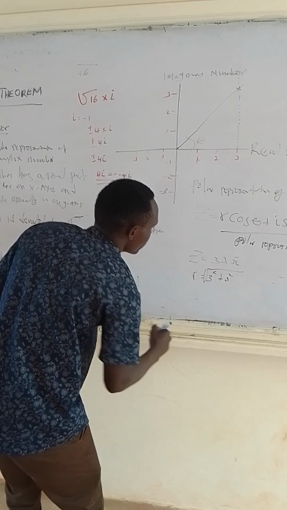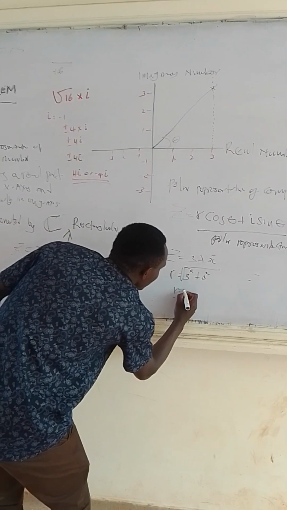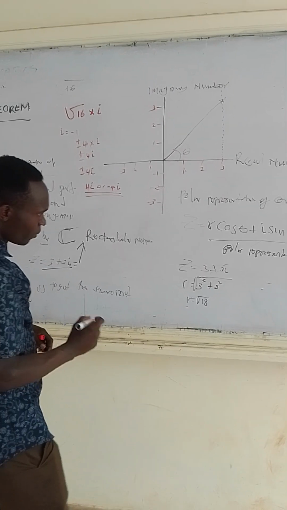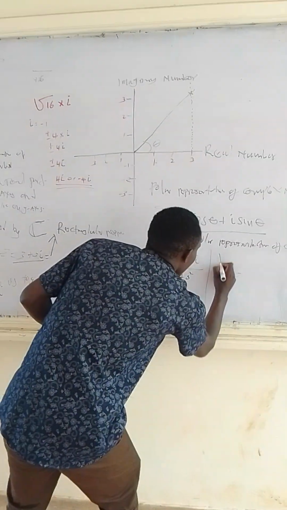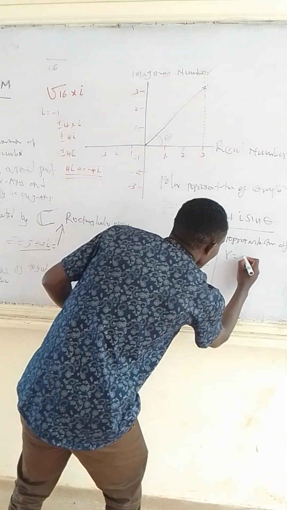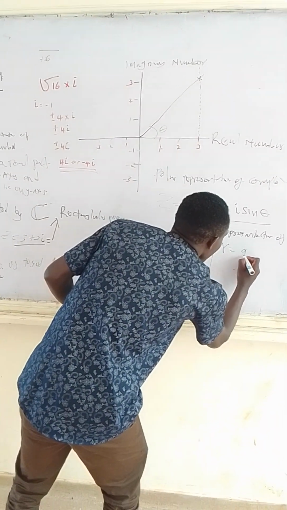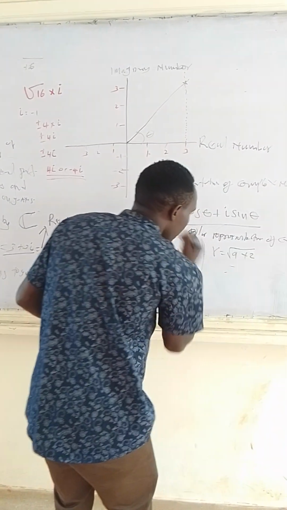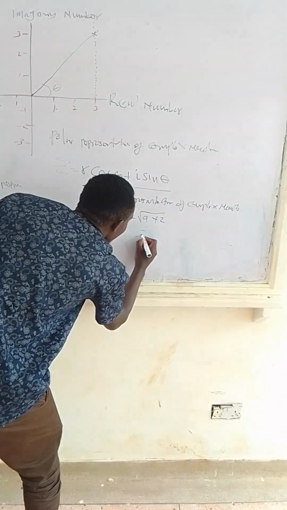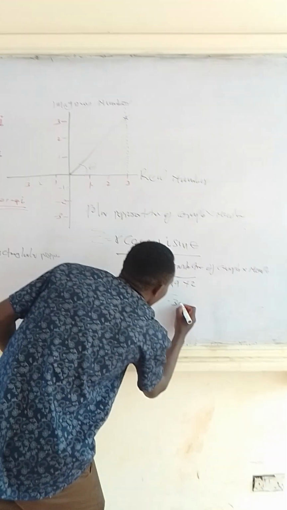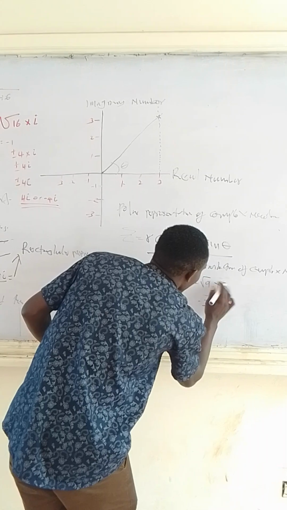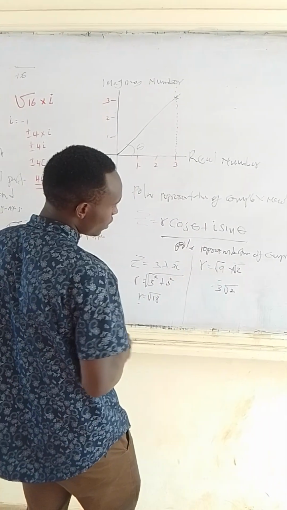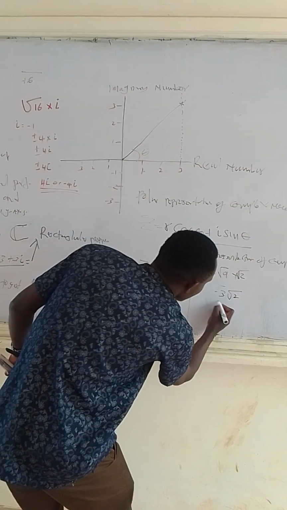So r is equal to root 18. 18 can be obtained as root 9 multiplied by 2, and root 9 is 3, so it's 3 root 2. Now this is r.